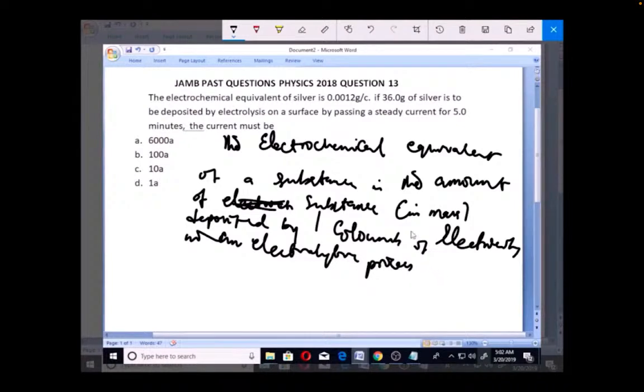So that very amount is actually represented with the letter Z.